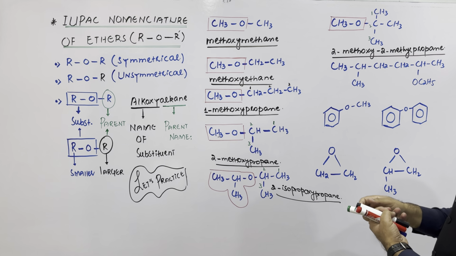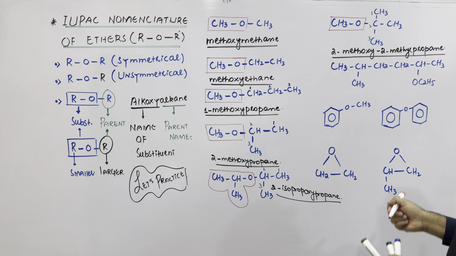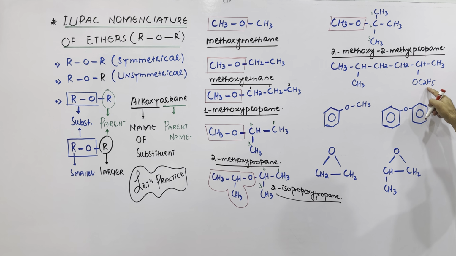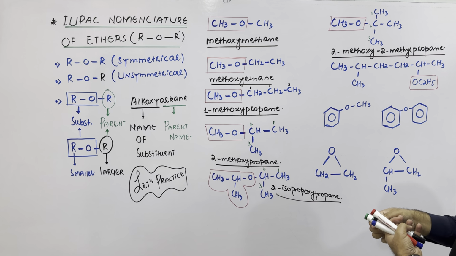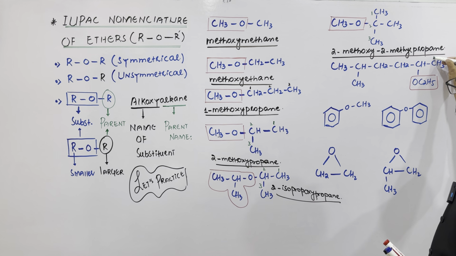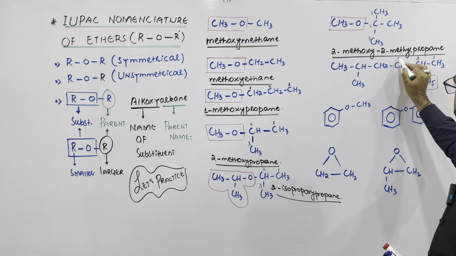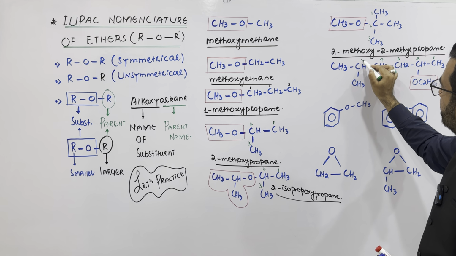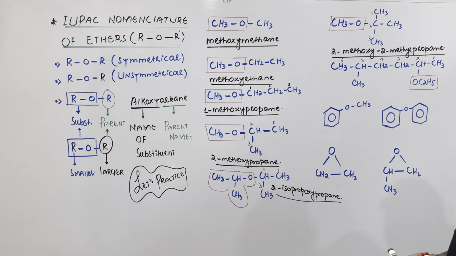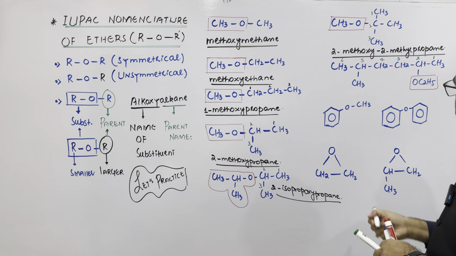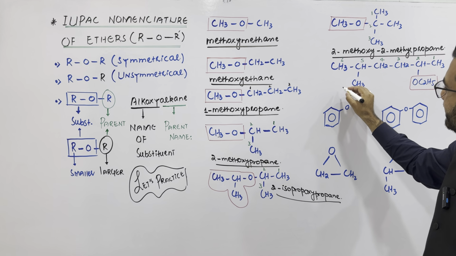Now, in this case, my dear students, again, let us see, this one is oxygen, and this one is the smaller alkyl group which is attached with this oxygen, so it will be ethoxy. And now the parent chain, that is having first carbon, second, third, fourth, fifth, and this one is sixth. So with the second carbon, alkoxy group is attached, which is ethoxy.